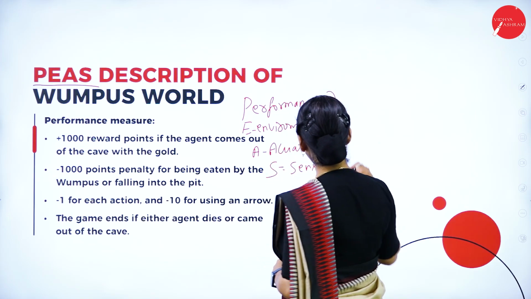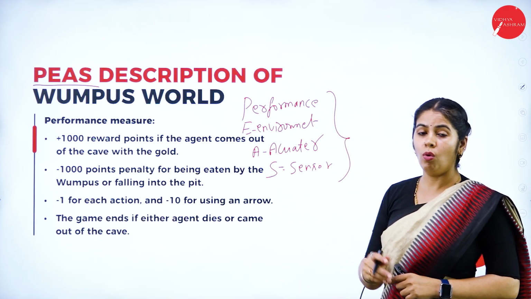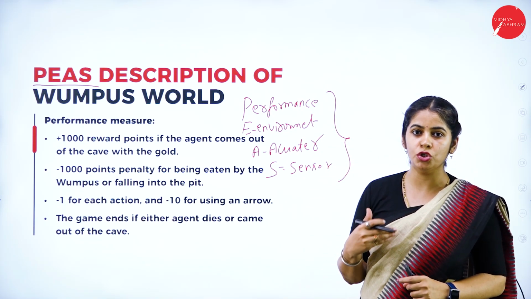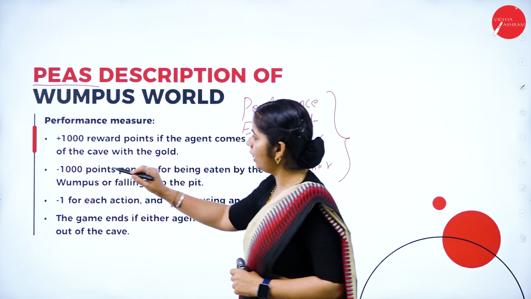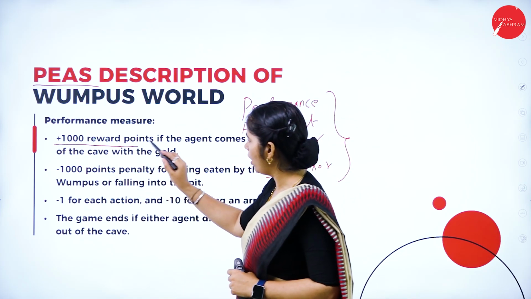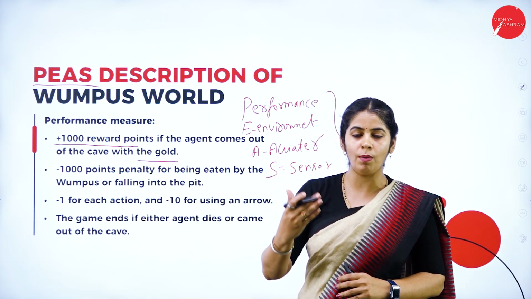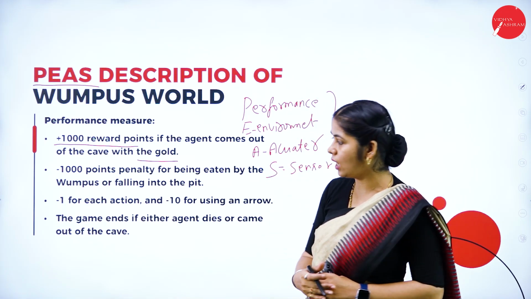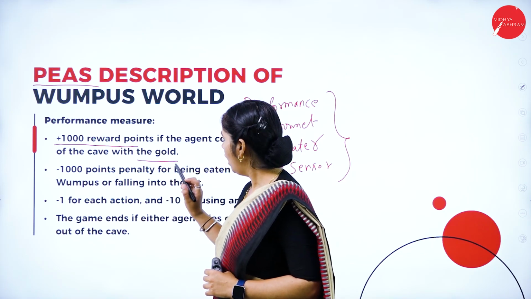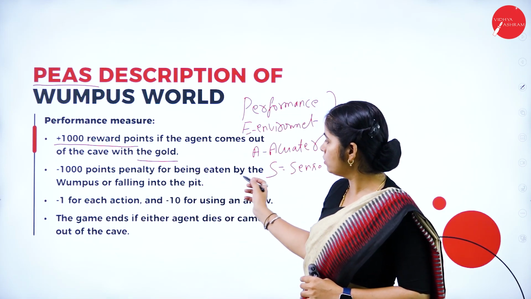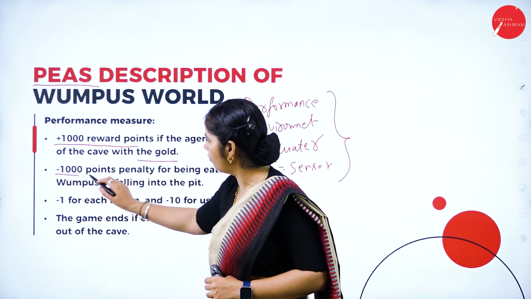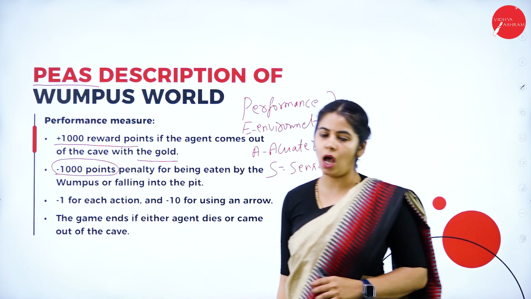So what does the agent have? What is the performance measure? The agent gets 1000 reward points when he gets the gold. That is the reward in the performance measure. If he is eaten by the Wumpus or falls into a pit, he gets minus 1000 points.